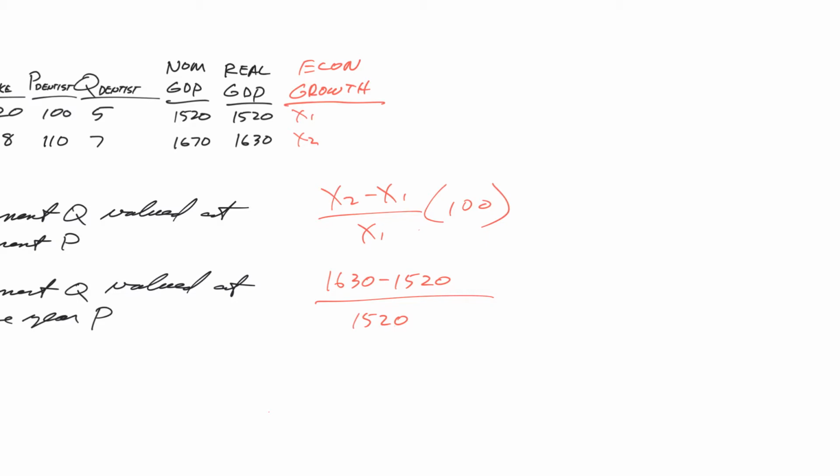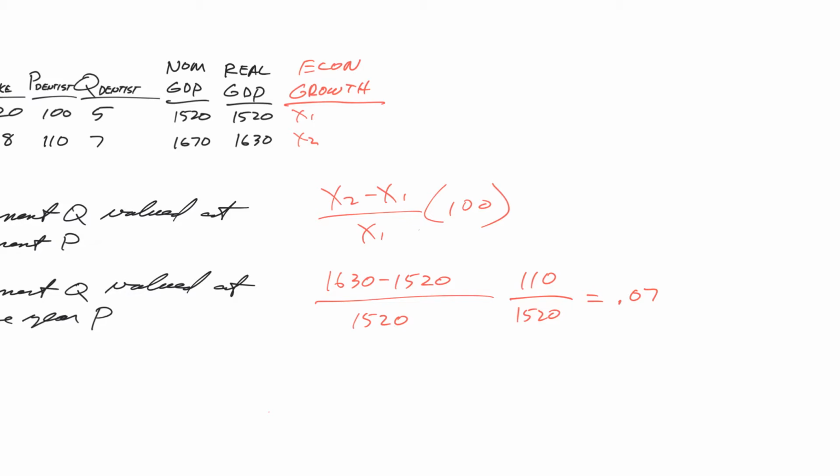That gives us 110 divided by 1520. Let's plop that in our calculator: 110 divided by 1520 equals 0.07. Now we multiply by 100 to convert it to a percentage.